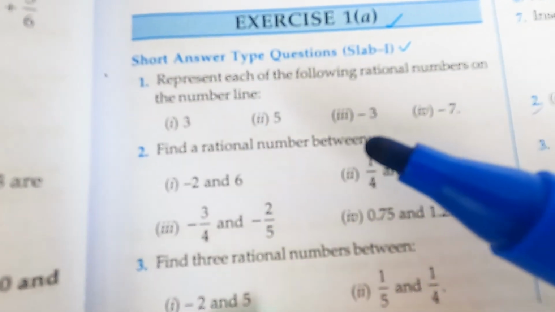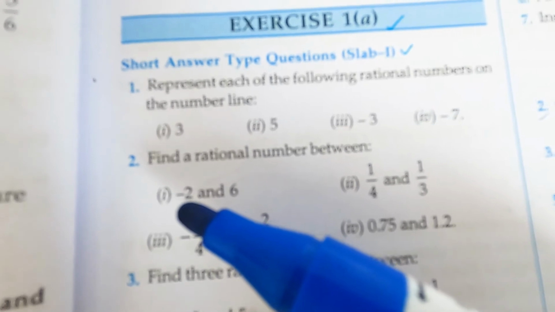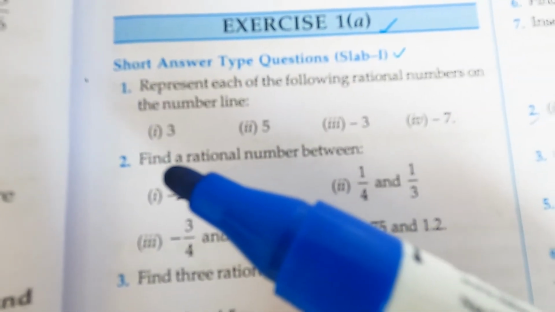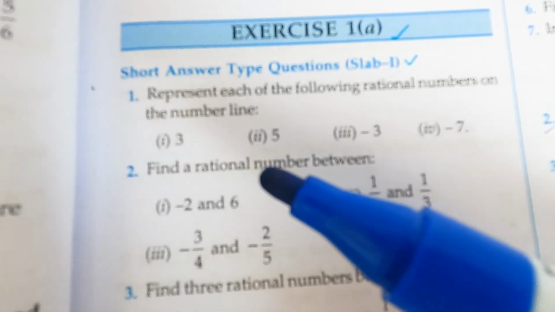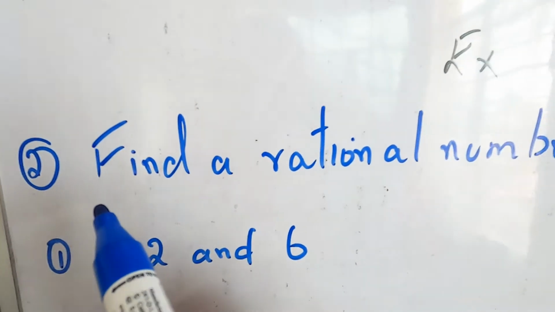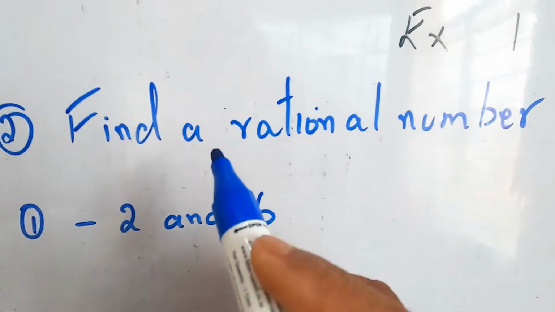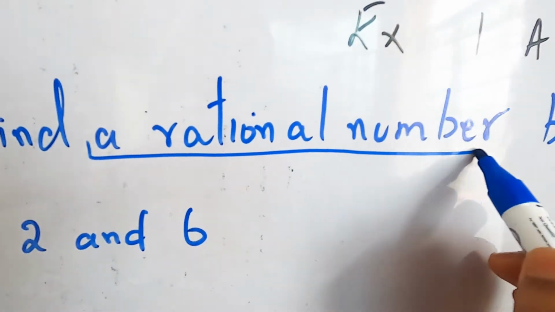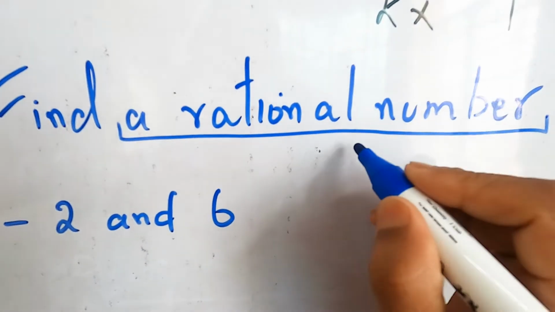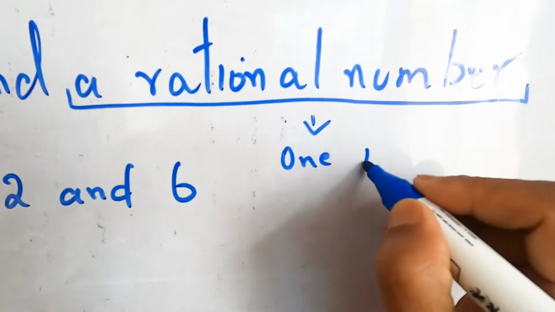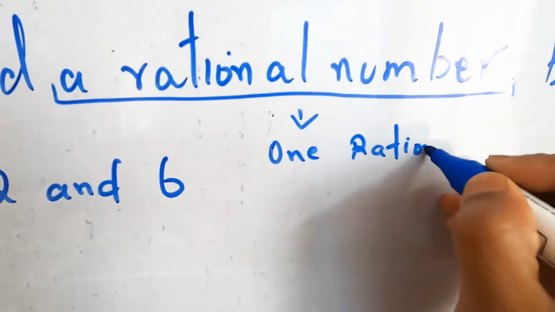Find a rational number between minus 2 and 6. Alright, so in this case we have to find a rational number. Now in this case the question is find a rational number. So in this case we have to find only one rational number.